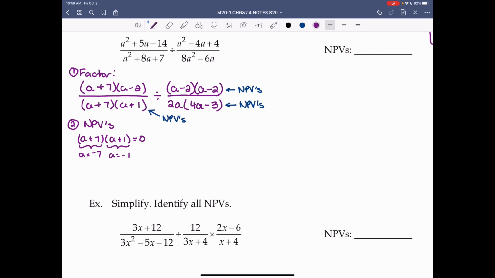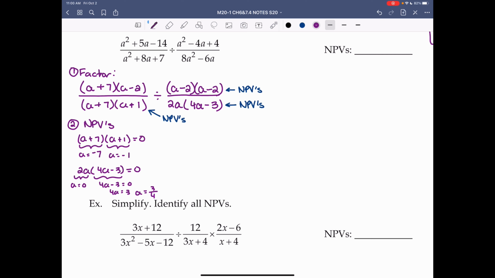Our next denominator, 2a times 4a minus 3, when is that equal to 0? The first part is when a equals 0, and the second part we can calculate. 4a minus 3 equals 0 when 4a equals 3, which means a equals 3 divided by 4.